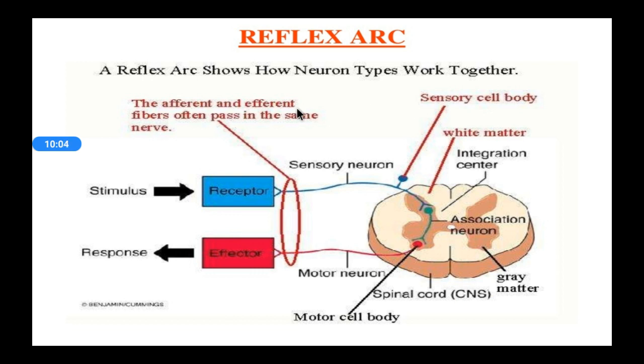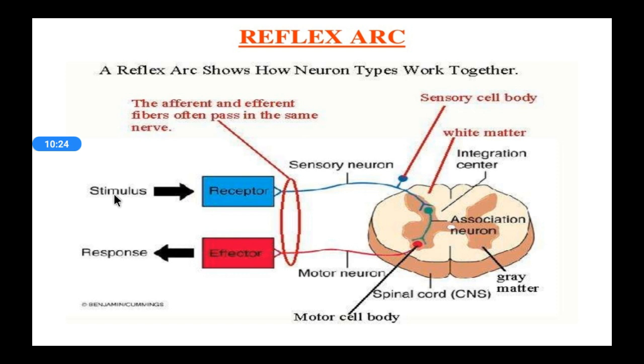And here you can see the diagrammatic representation of reflex action, which is also given in your textbook on page number 117, and it is very important. If you go through it, you will understand what action we do. Here you can see, the pathway of a reflex action is called the reflex arc.